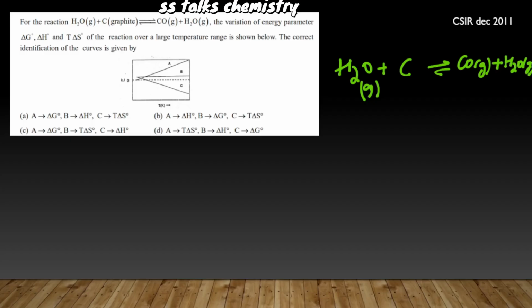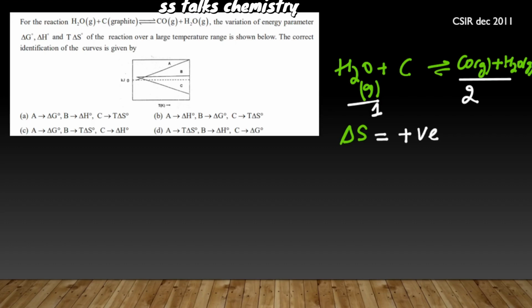Okay. So firstly, if I see the entropy, the number of gaseous moles on the product side has increased. Here two gaseous moles are present and here we were having only one gaseous mole. So entropy, which is the degree of randomness of the system, is increasing in this case, that means it is positive.